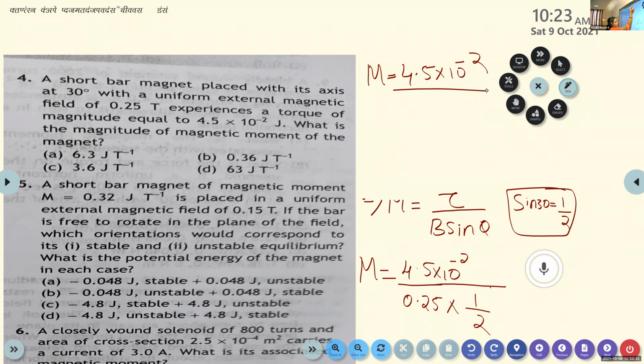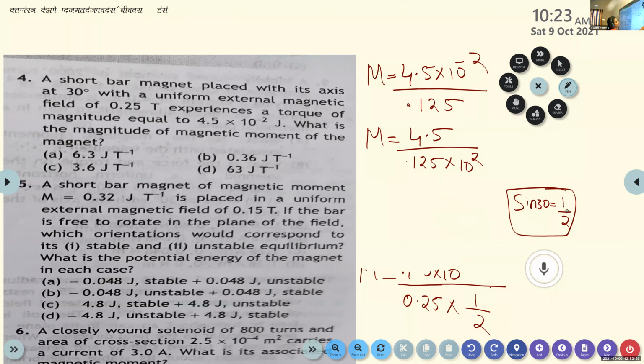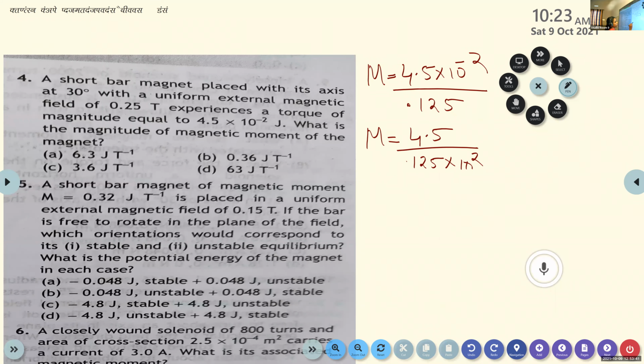So B sine theta is 0.25 into 0.5, which is 0.125. Then 4.5 divided by 0.125 into 10 raised to 2, that is 4.5 divided by 12.5.